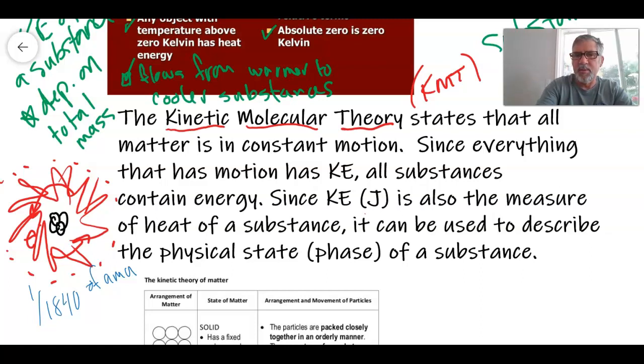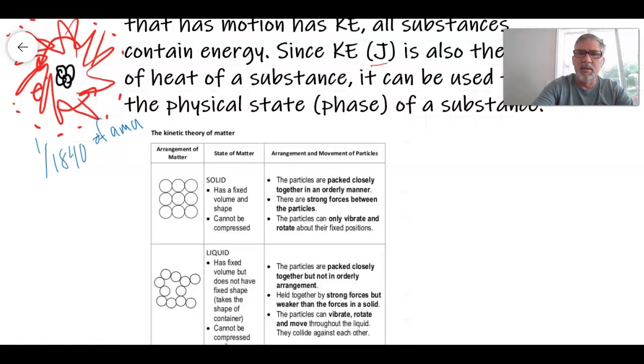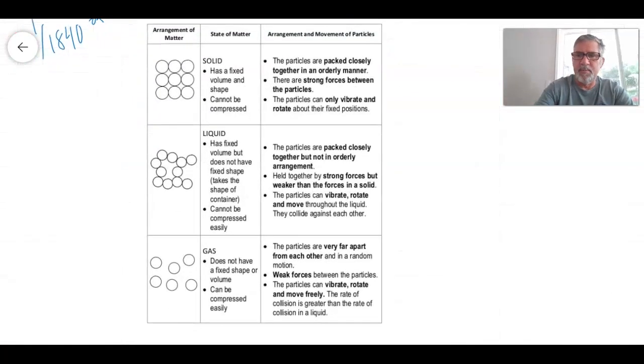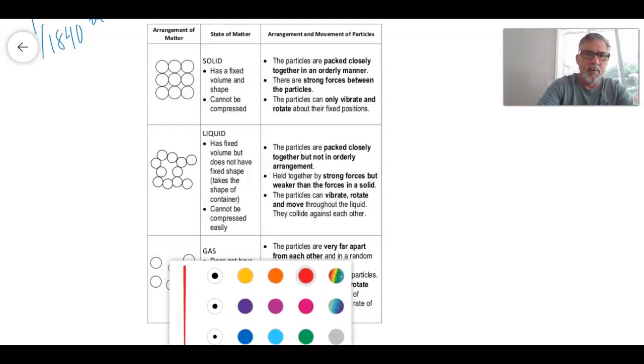Since kinetic energy, remember our units can be the joule, is also the measure of heat of a substance, it can describe the physical state. So let's describe physical state somewhat.